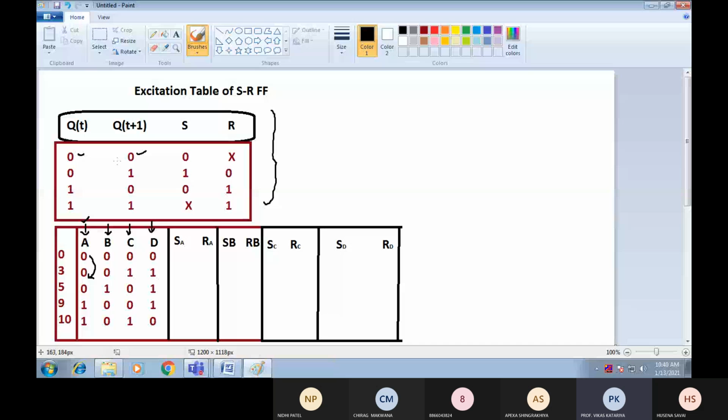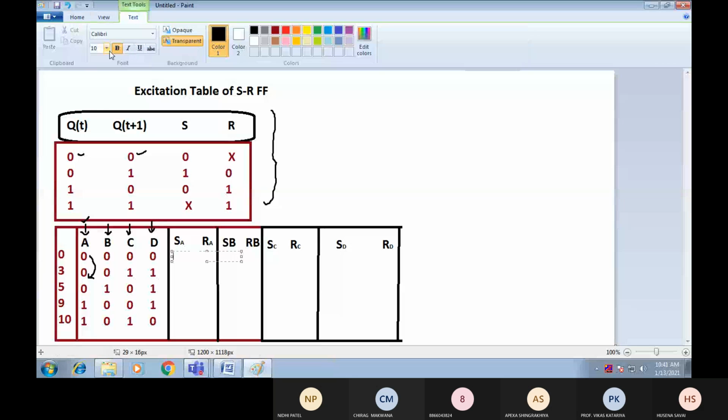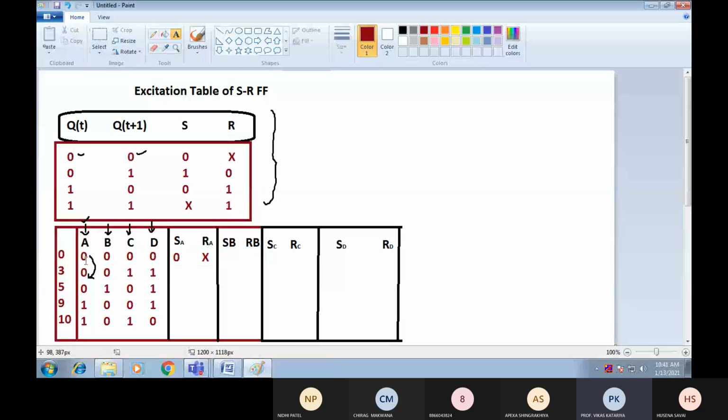Present state is 0, next state is 0, input S is 0. So we have input S 0, and R, that means R में input होगा cross. We have to write here cross, right?